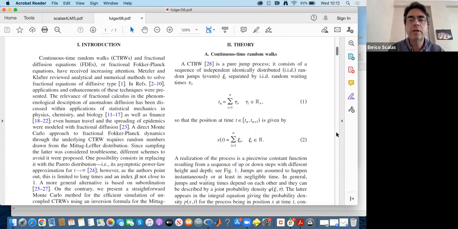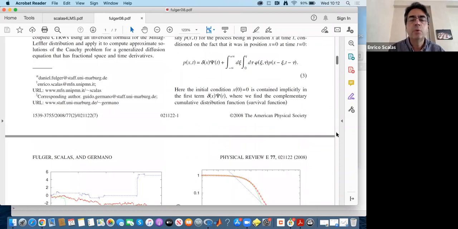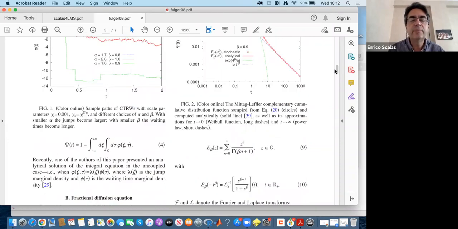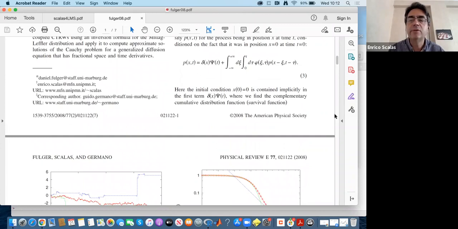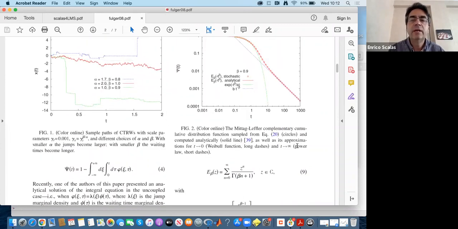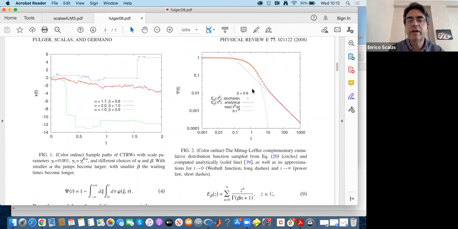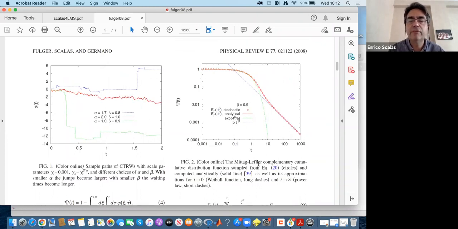What I wanted to say here, what are we doing? So we are considering a continuous time random walk where the waiting times have a distribution with this survivor function here, which is the Mittag-Leffler distribution that I am going to briefly introduce now.